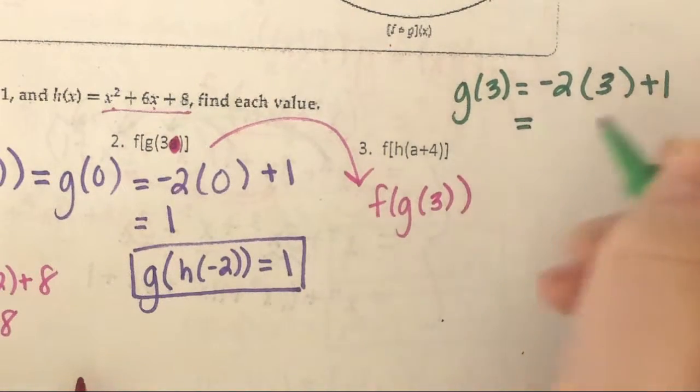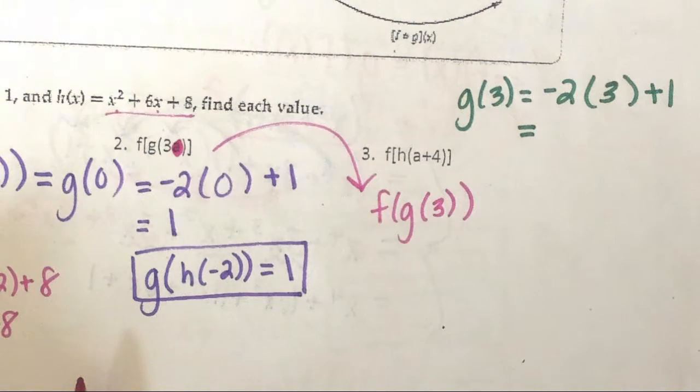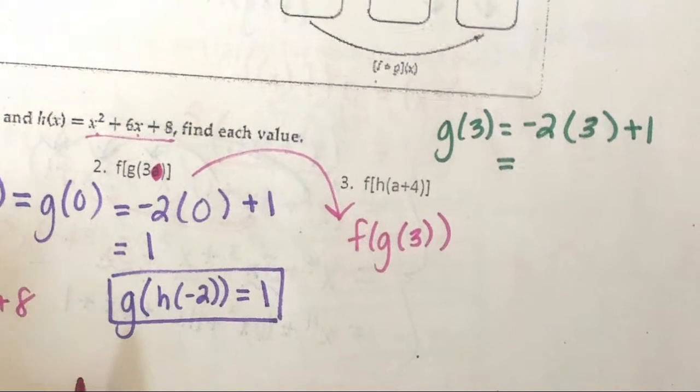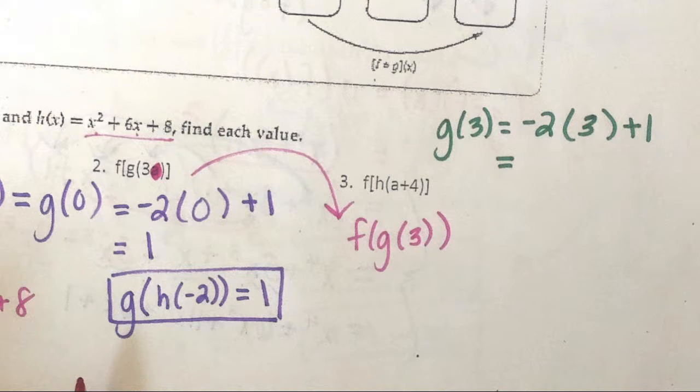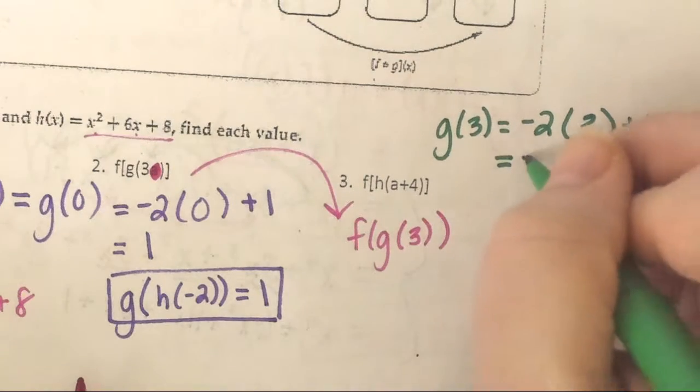So now g of 3 is actually what number? Did you just say -5? Okay. Did you type it in your calculator? -6 plus 1 is -5.